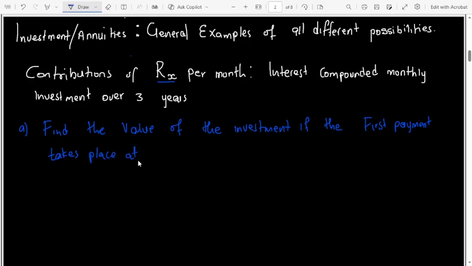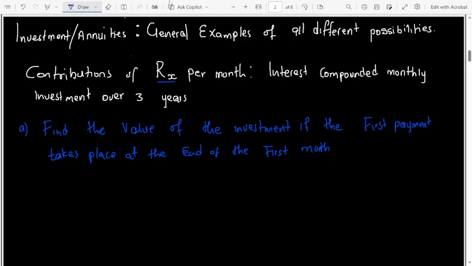Let's say it takes place at the end of the first month, because this is the first thing they might ask you: whether the first installment takes place at the start of the month or at the end of the first month.